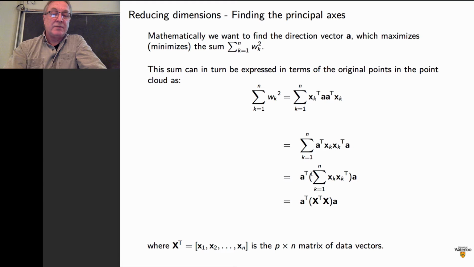A's got nothing to do with the sum, so I've got the sum in the center. And if you look back at our definition of this X matrix, where the ith row of X was xi transpose, this sum is just simply that. Make sense? Any questions?